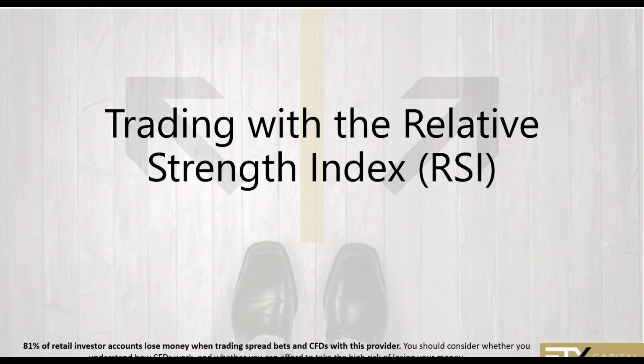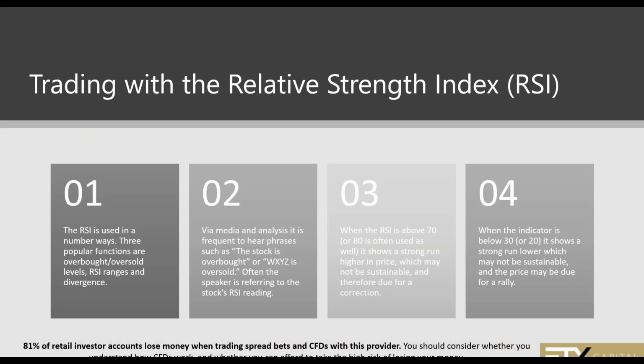So let's talk about how we could incorporate this simple little indicator into our trading. So RSI is used in three ways. The three popular functions are overbought and oversold levels, RSI ranges, and divergence. Now, lots of times in the media, the newspaper, especially MarketWatch.com and CNN and Bloomberg, you'll hear it said, this stock is oversold, this analyst says it's oversold.